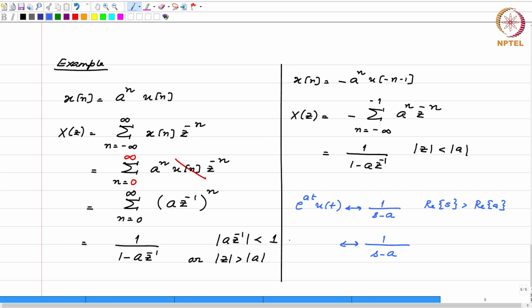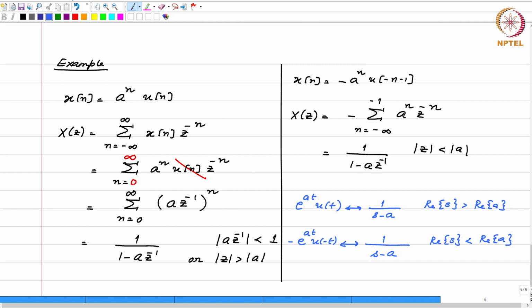It is minus e to the at u of minus t. Anything else missing here? You have the minus sign, and then this is real s strictly less than real a.